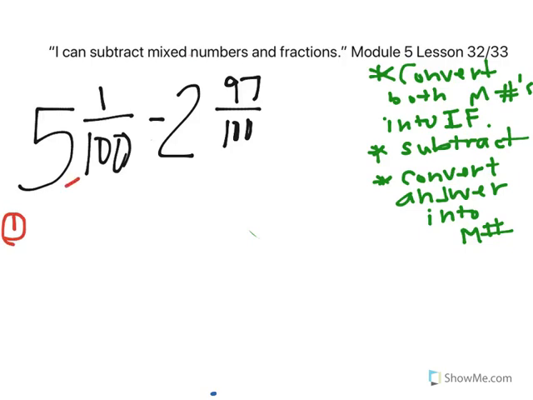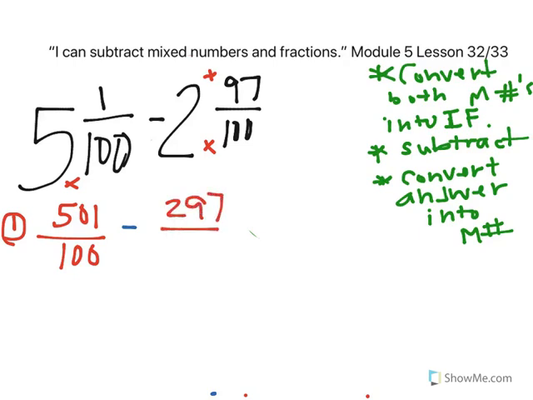So that's my step one. 100 times 5 is 500, plus 1 is 501 over 100ths because that's my unit. I'm still subtracting here, so I'm going to add that sign. Now I'm going to convert the second mixed number into an improper fraction. 100 times 2 is 200, plus 97 is 297, and my unit is 100ths.